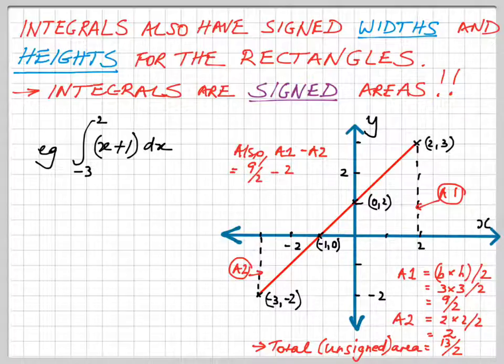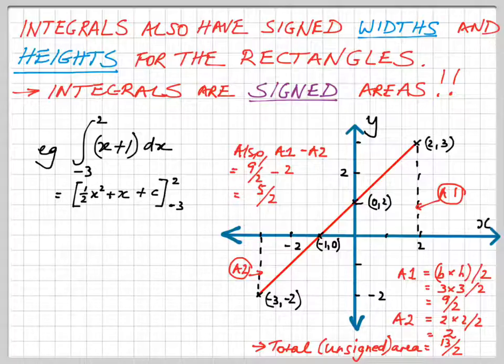Watch this. 9 over 2 minus 2, which is 4.5 minus 2, which gets me 2.5, or 5 over 2. Now, look what I'm doing, ladies and gentlemen. I'm working out the algebraic way of doing a definite integral. Now, what do you think this is going to come out to be? What do you think? It's very, very interesting.